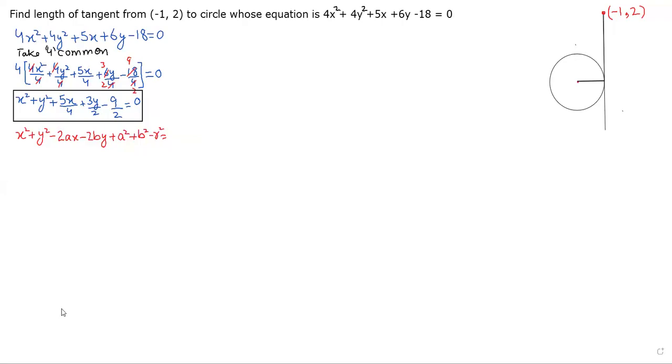This is the equation I am going to use to find the value of the center coordinate and radius.